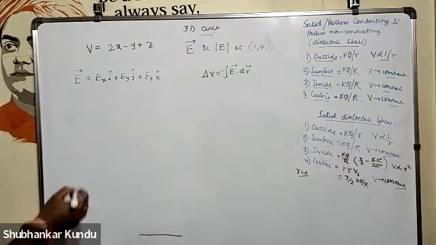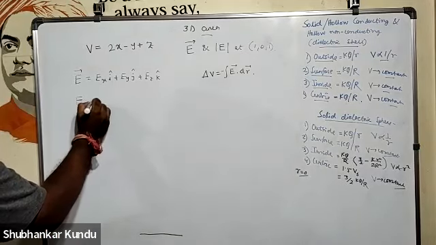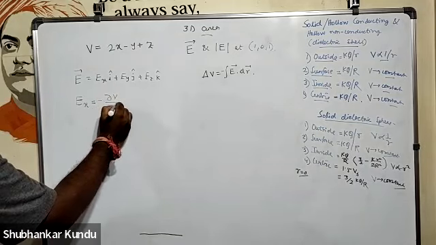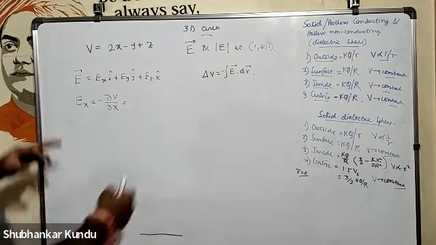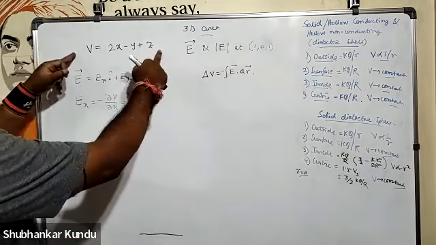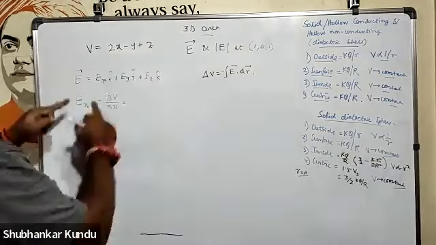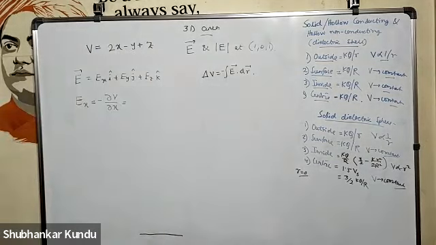And what is Ex? Ex is equal to minus del V del x. That means I need to partially differentiate V with respect to x to calculate Ex, with respect to y to calculate Ey, with respect to z to calculate Ez, right?